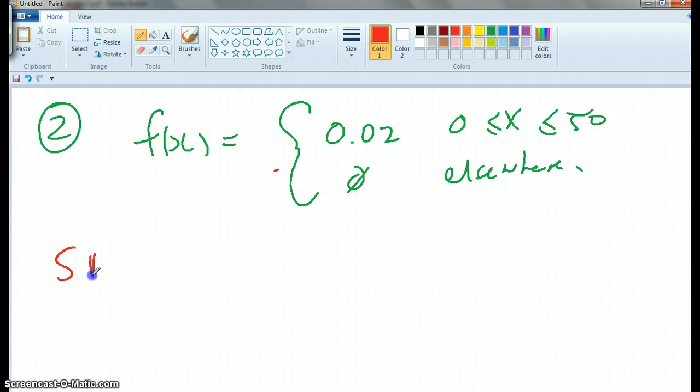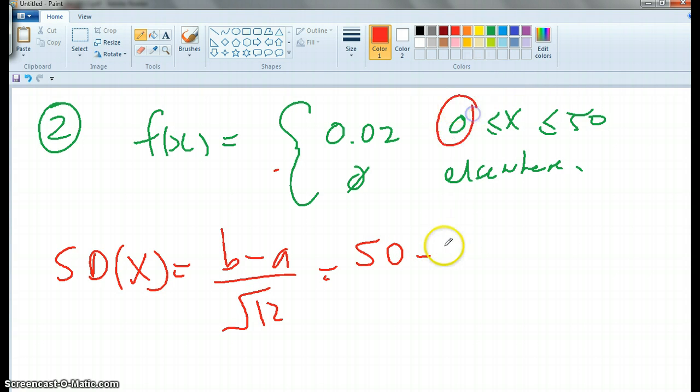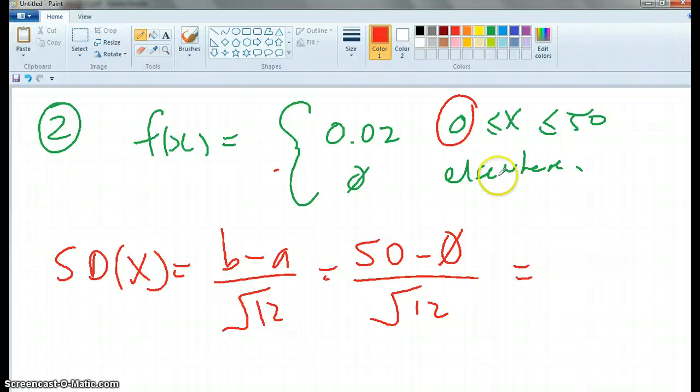So the standard deviation of x equals b minus a over the square root of 12. What is b? 50. What is a? 0. So 50 minus 0 over the square root of 12. So that'll be your standard deviation. Okay? So that's number 1 and 2 done. Number 3.